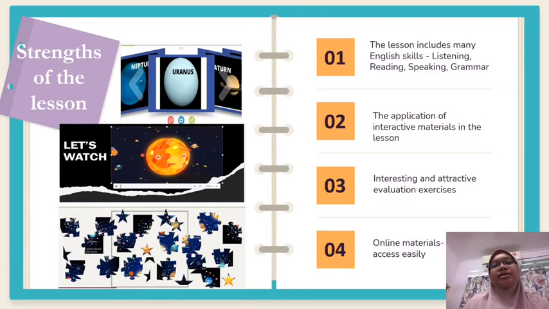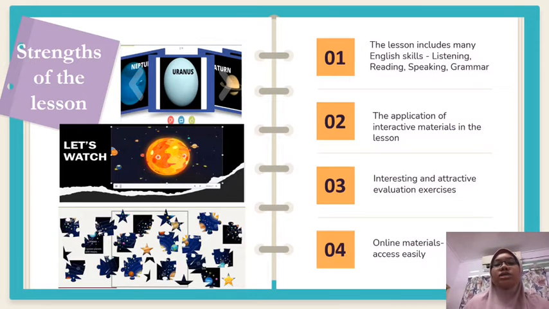And the third point, which is almost the same as the second point, is interesting and attractive evaluation exercises. For this lesson, we provide two interactive exercises at the end of the lesson: the first one is an online quiz, and the second one, which you can see in the third picture on the slide, is an online puzzle.